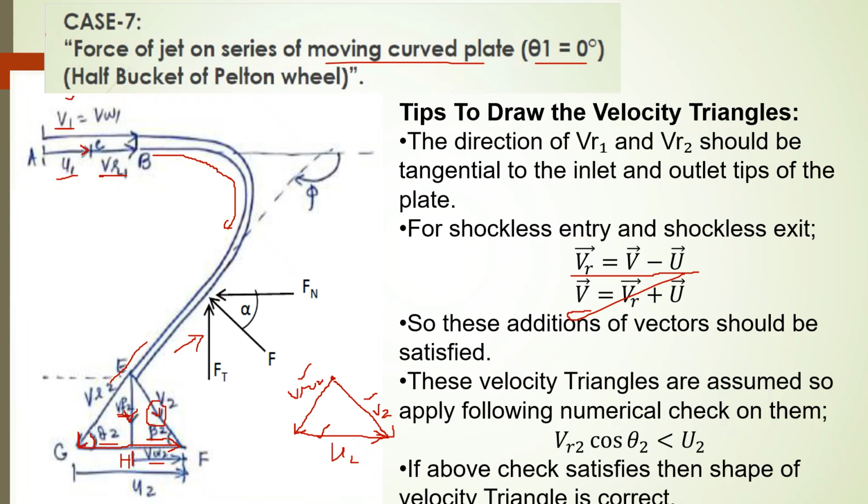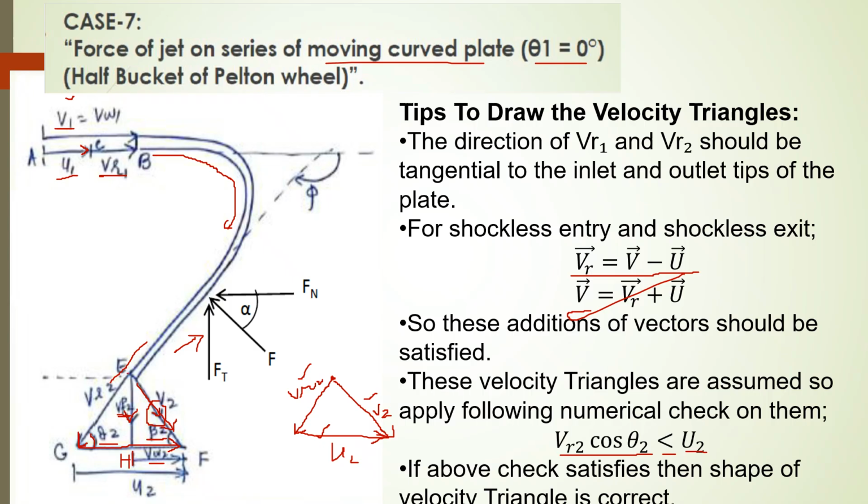Another fact is that your VR2 cos theta 2 should be less than u2. Because we are expecting our V2, the actual jet, to deviate backward, due to the movement of the plate in the forward direction.